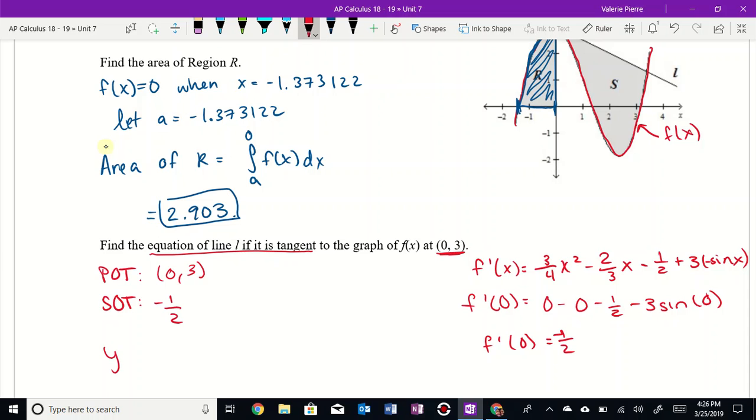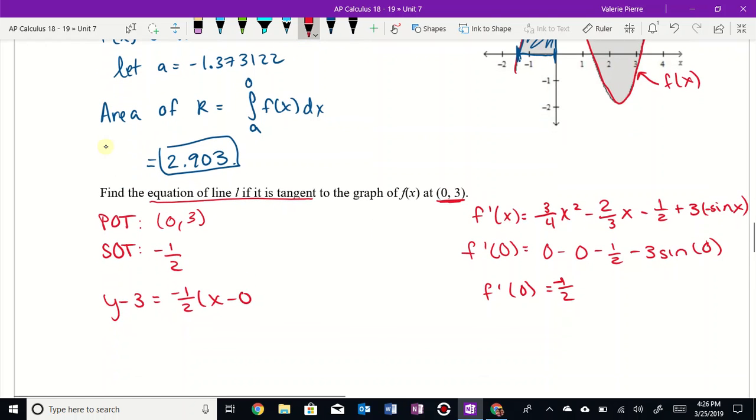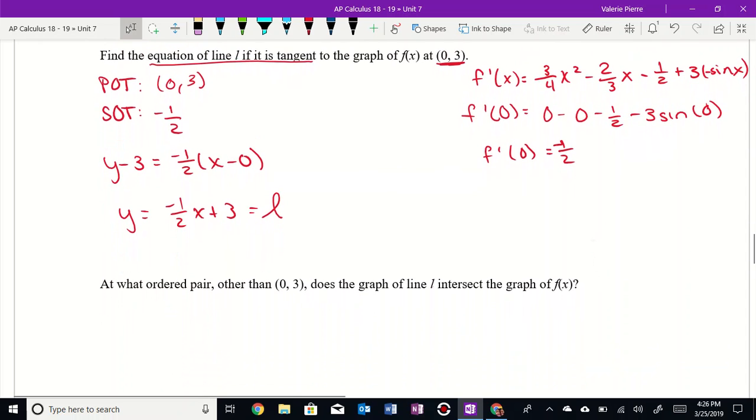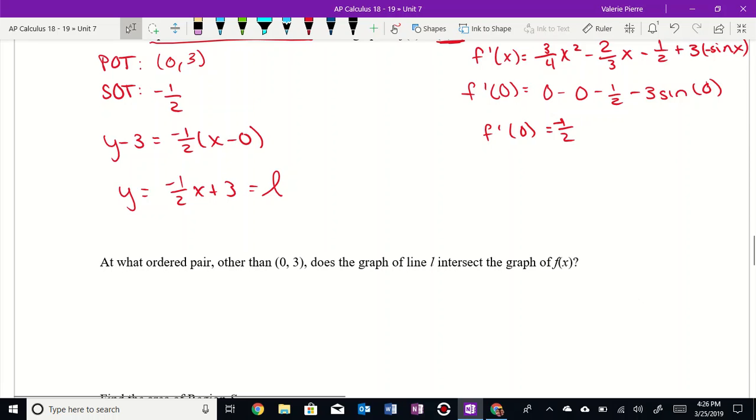So my equation is y minus 3 equals negative 1/2 times x minus 0. So y equals negative 1/2 x plus 3. That is the equation for L. Right.